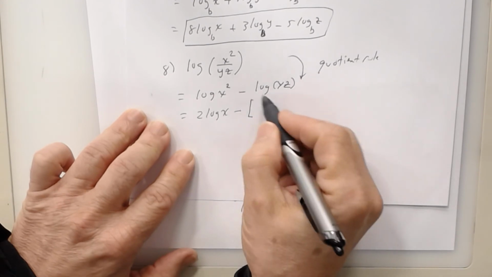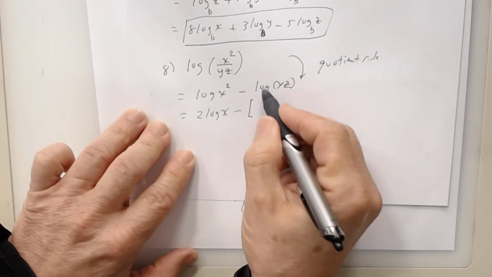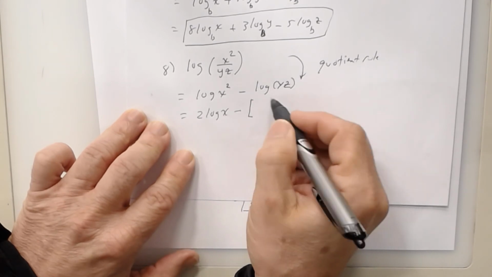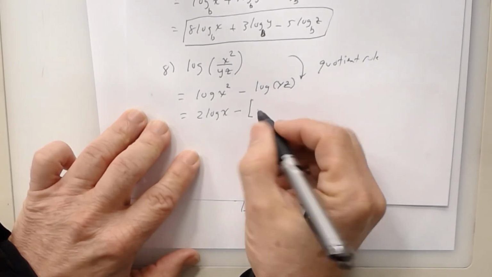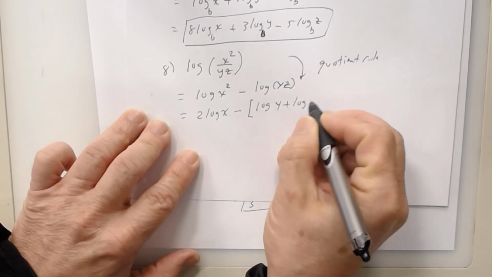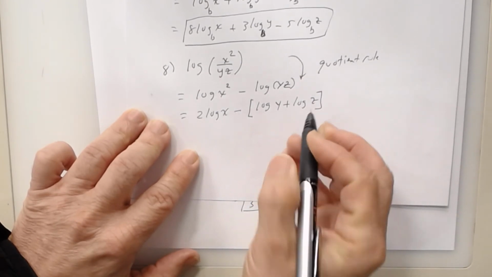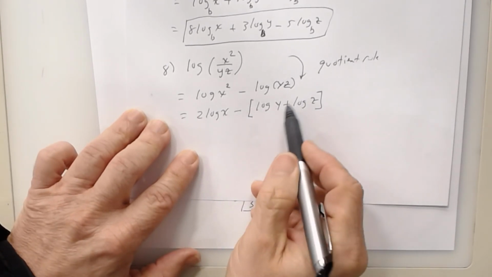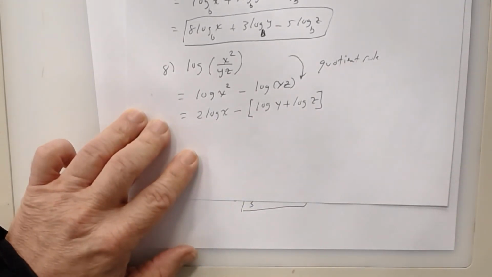So I'm going to write this as what operation? I'm using the product rule, so I'm going to write it as addition. So it'll be log of y plus the log of z. The problem though is that I'm subtracting both of these. What would have caused some of you issues was this.